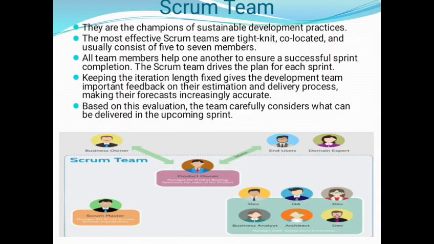The Scrum team drives the plan for each sprint, keeping the iteration length fixed to give the development team important feedback on their estimation and delivery process, making their forecast increasingly accurate. Based on these evaluations, the team carefully considers what can be delivered in the upcoming sprint. This is the Scrum team's work.